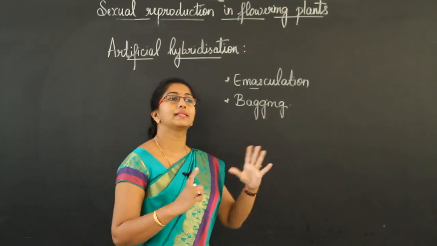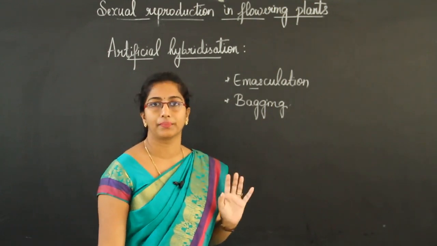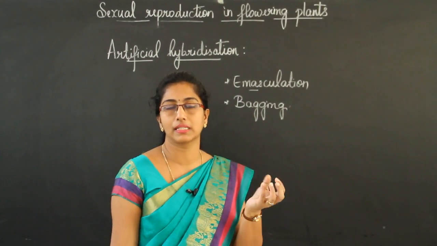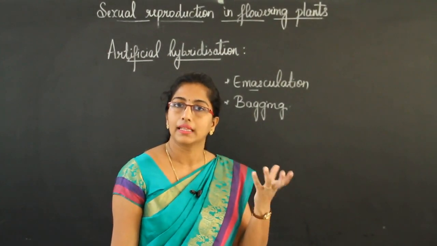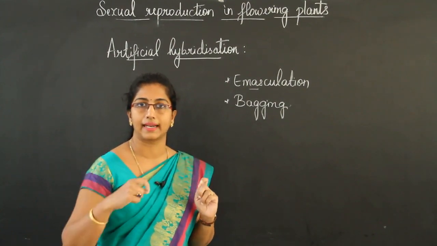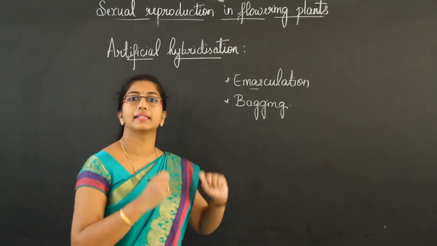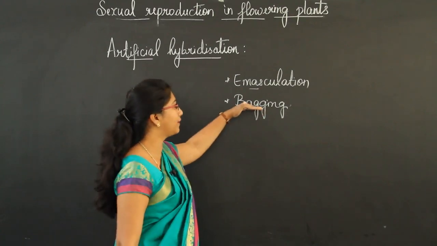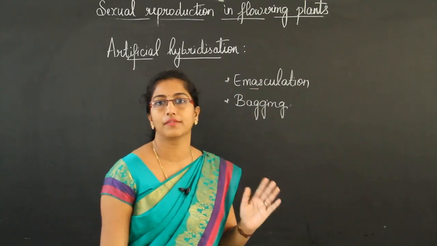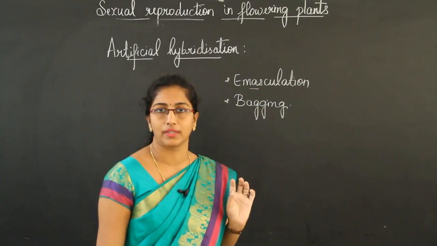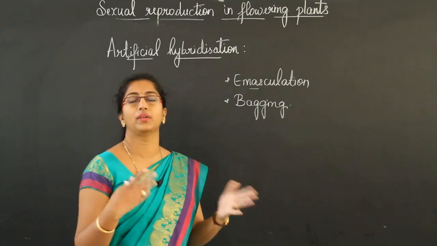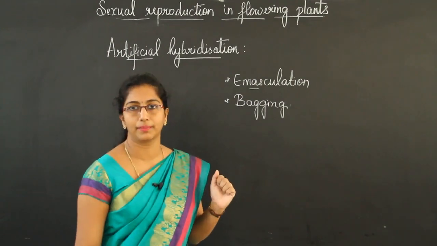Once it is bagged, it is allowed to grow. After the flower matures, the pollens of the desired plant are brought and dusted over the flower. The bag is removed, the pollens of the desired plant are dusted over it, and again it is covered so that there is no contamination from any other pollen grains.